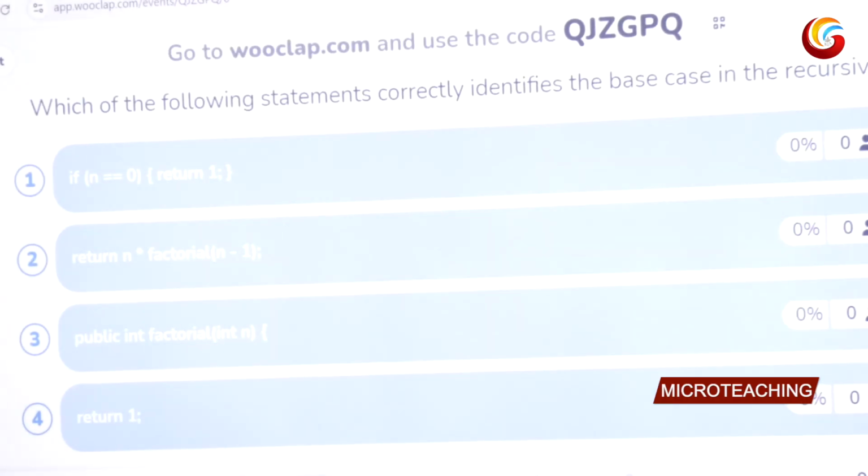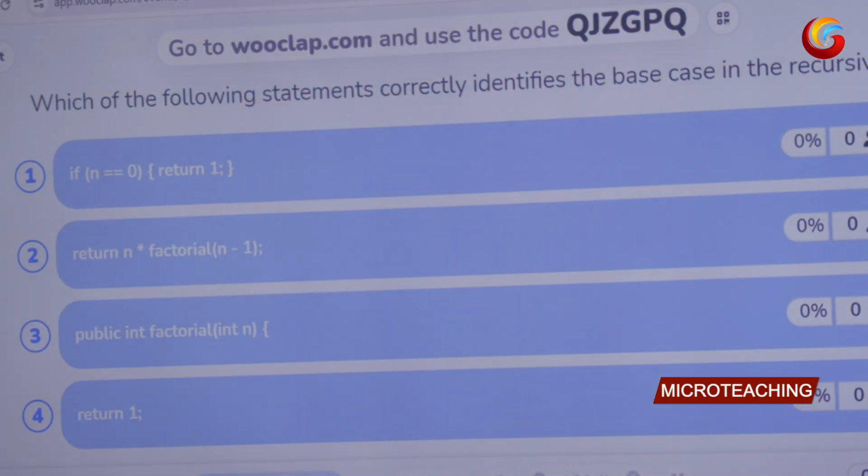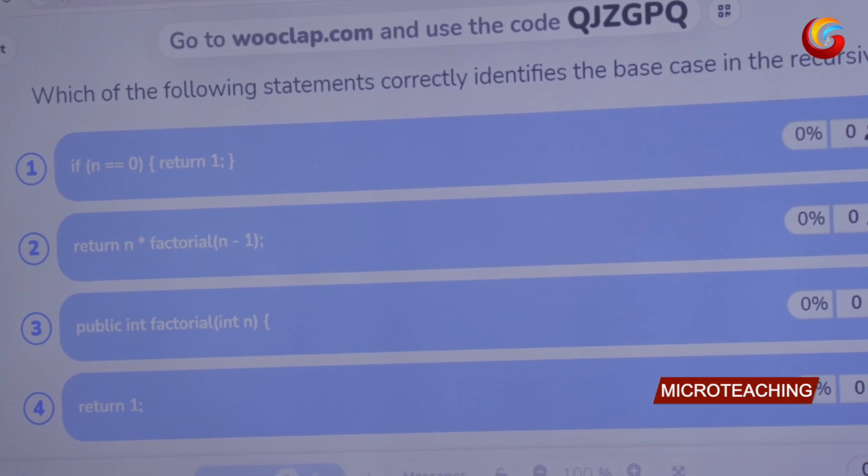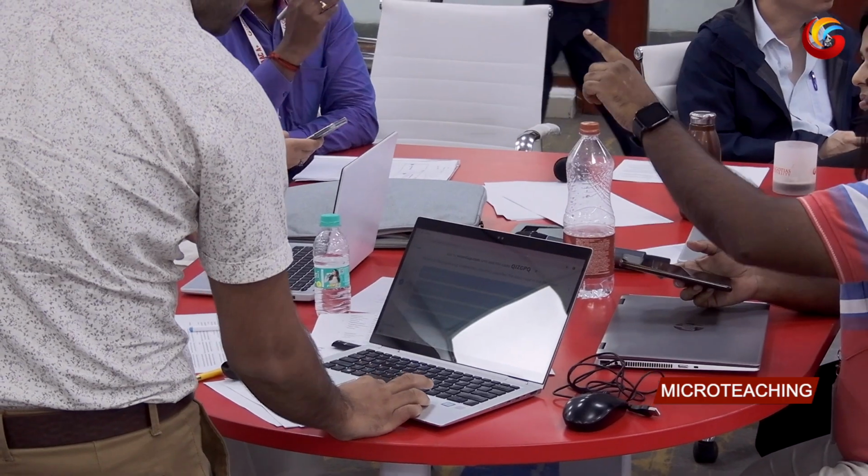Now come back to the booklet. We have some questions related to identifying the base case and the recursive case. The first question is, which of the following statements correctly identifies the base case in the given example? Go to the QR code.